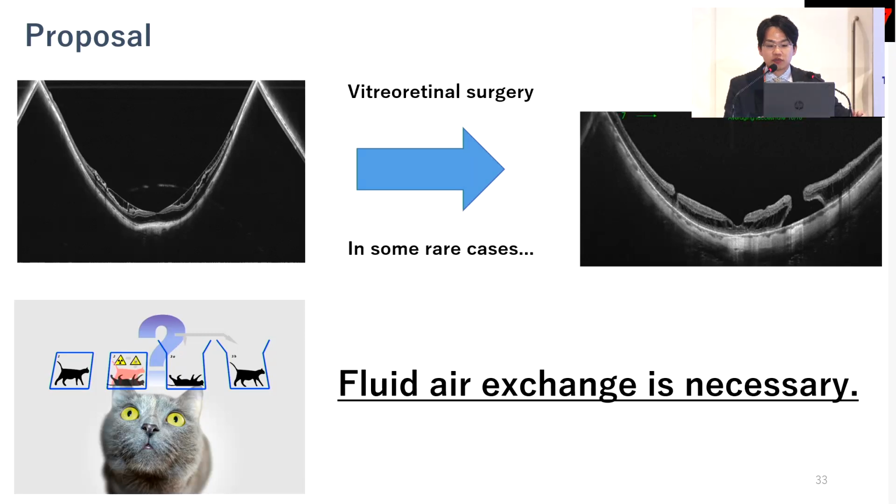And when we do vitreoretinal surgery for MTM, there is no case without a postoperative parabascular hole. This phenomenon is similar to Schrodinger's cat. Of course, for cases with deep posterior staphyloma, fluid air exchange cannot be effective. However, decreasing the risk is a very important thing.